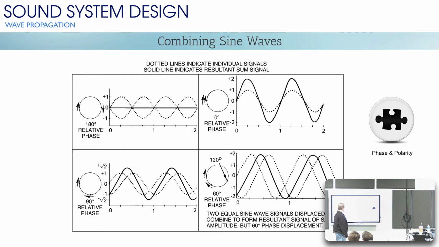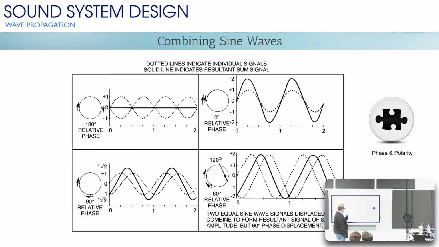And then there's some things that can happen in between. For example, with a 90-degree relative phase, the amplitude will go up slightly, but the phase of the combined wave gets offset a little bit. You see that? See how the combined wave has a different phase from the two source ones?